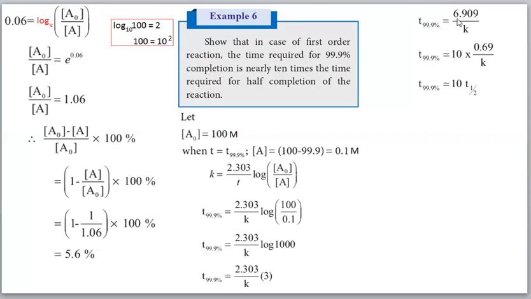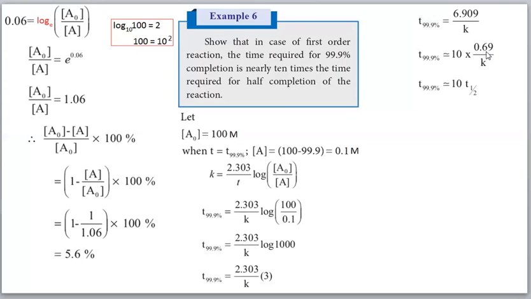The 6.9 we can write as 10 into 0.69. When you multiply 10 into this number, we get 6.9. We can take 10 separately, and the remaining is 0.69 divided by k. We already studied that T half equals 0.6932 by k.